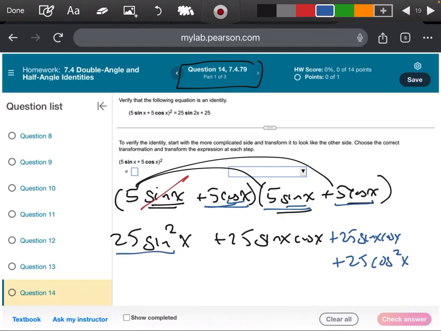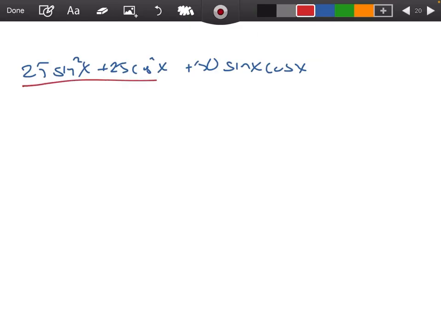So we have a 25 sine squared x, we have a 25 cosine squared x, and 2 of those is going to give me 50. So let's write like this: 25 sine squared x plus 25 cosine squared x plus 50 sine x cosine x, okay? Y'all, from here, we can factor out a 25.